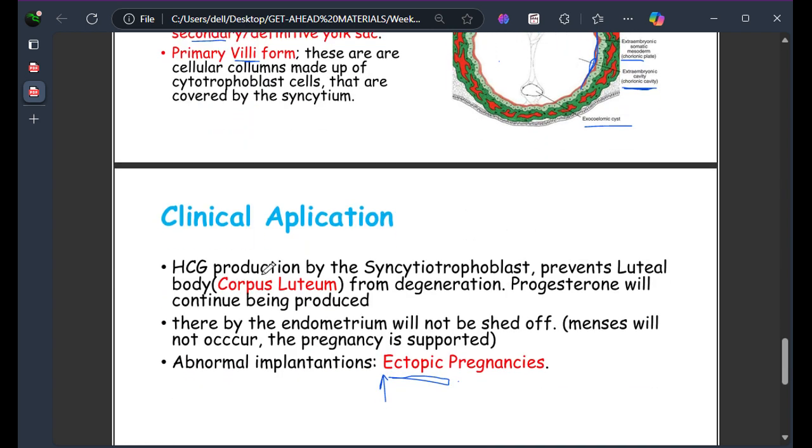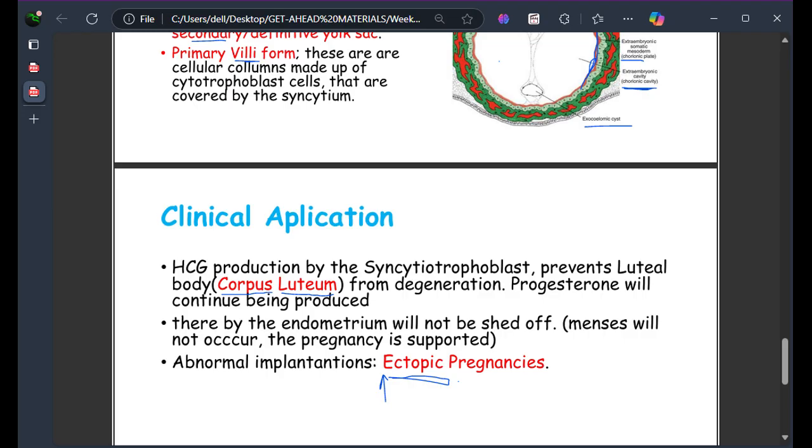One other thing you need to note is the structure known as the corpus luteum. Remember we said that the corpus luteum produces progesterone, and progesterone is important for maintaining the uterine lining as it is.